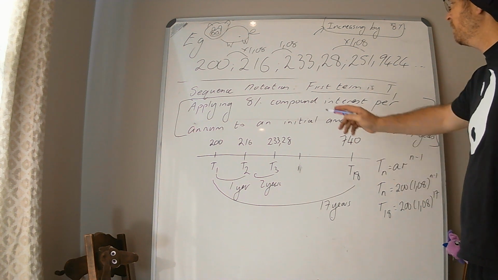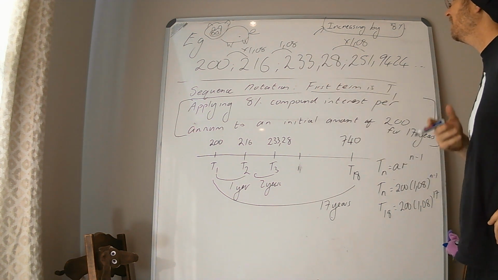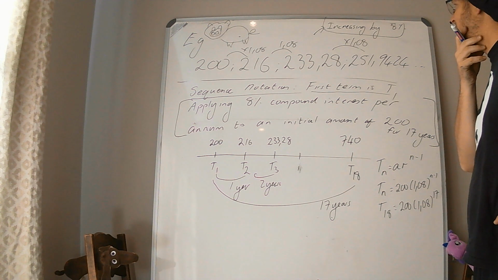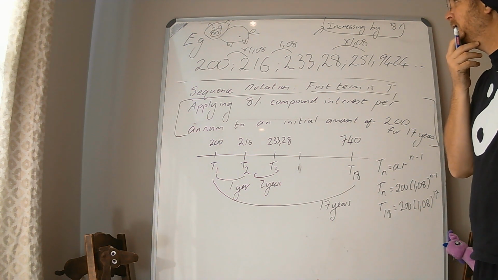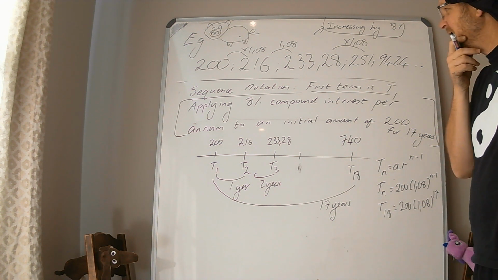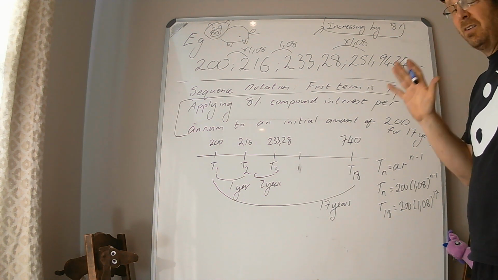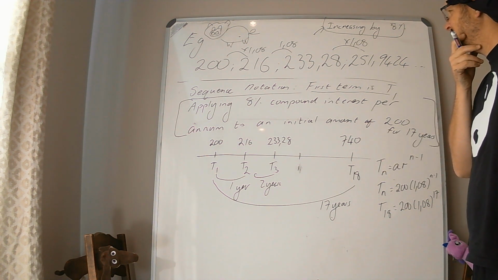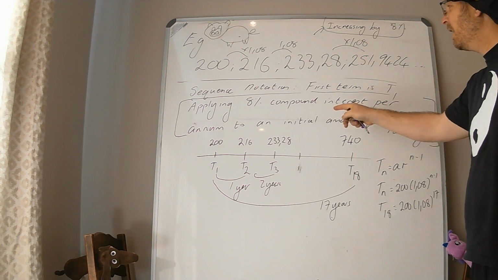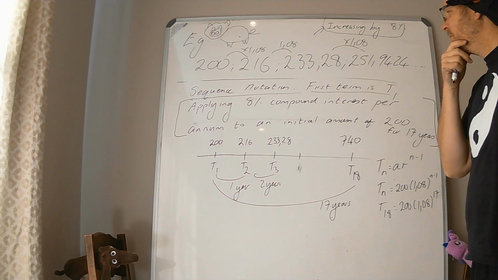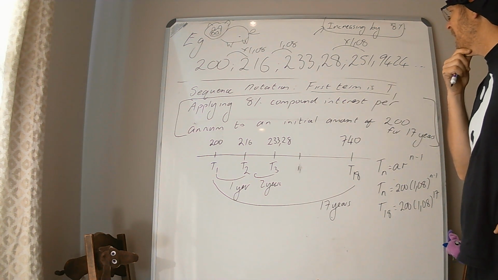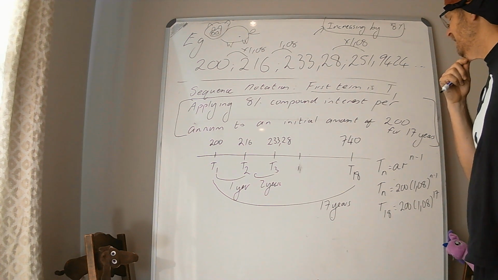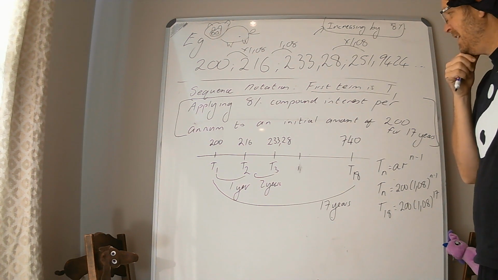So this question, which we asked as a sequence question, 200, 216, 233, and we ask you to find the value of T18, we could also have asked as a financial maths question, and if you don't quite get all of this now, don't stress about it, we're going to go back to it. We could have said, if you applied 8% compound interest per annum to an initial amount of 200 Rand for 17 years, how much money would you end up with?